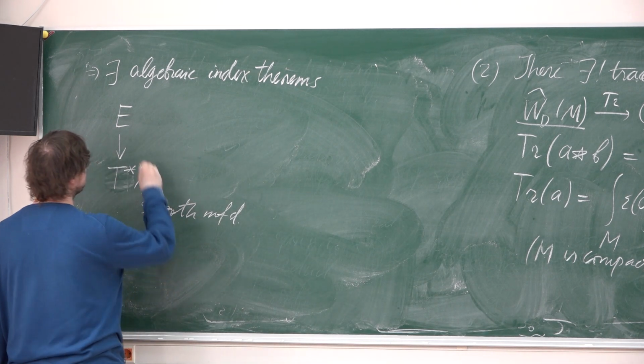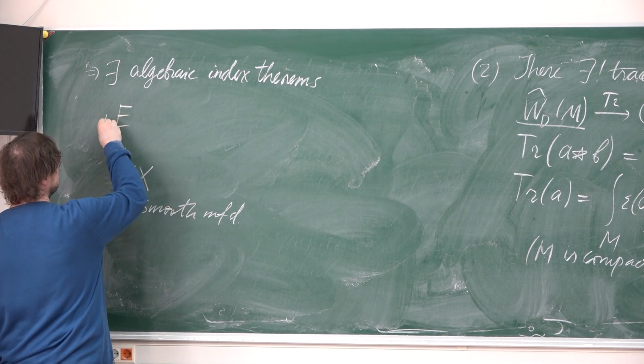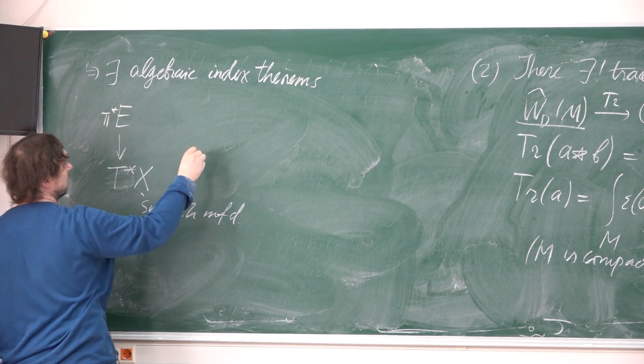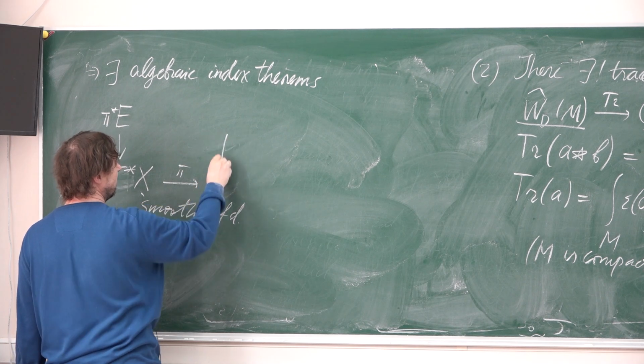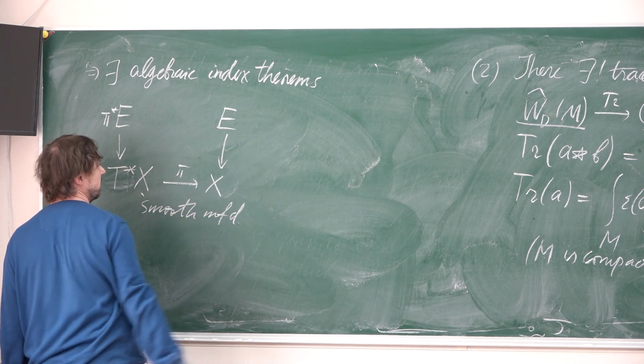For instance, you can take this to be the pullback of any other vector bundle here.